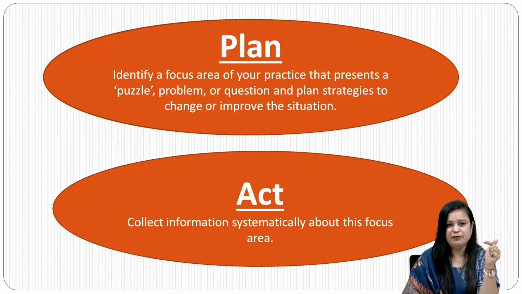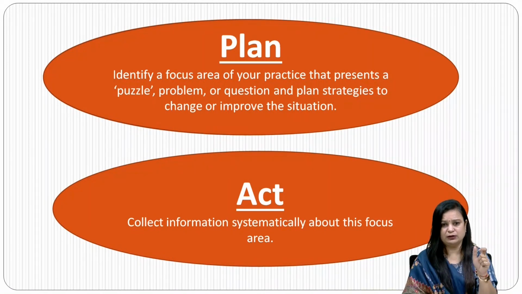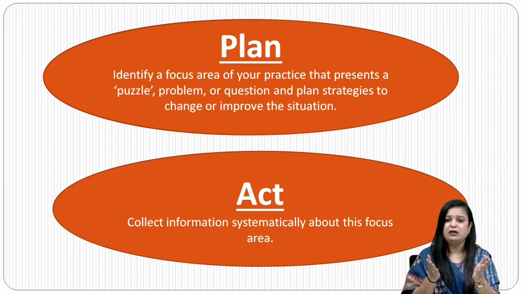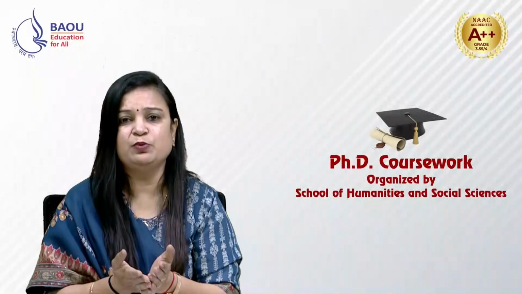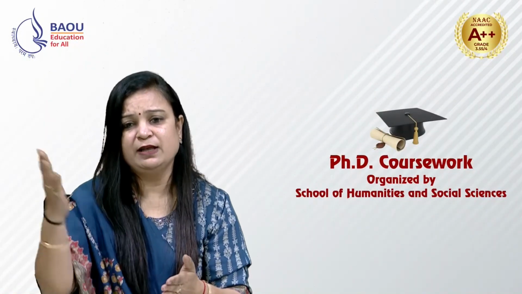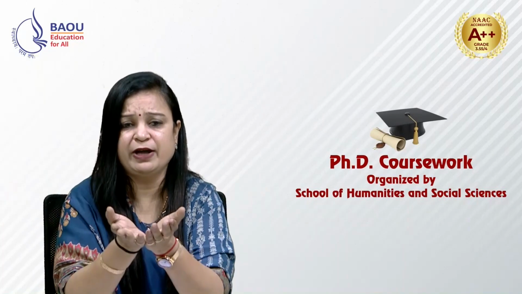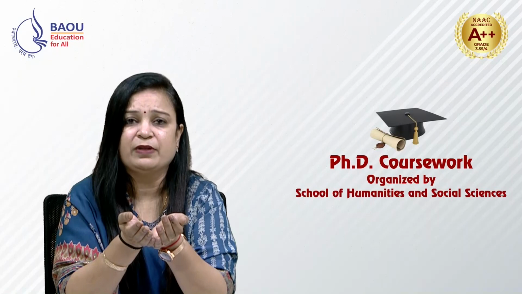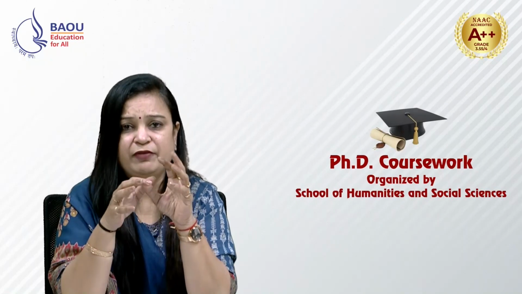So the first step of planning is definitely one of the most important and the core area you have to focus upon while conducting action research. If the planning is poor, or if there is a mismatch between the planning and what is to be implemented or found out, you will end up with zero result. So planning is to be done very tactfully.